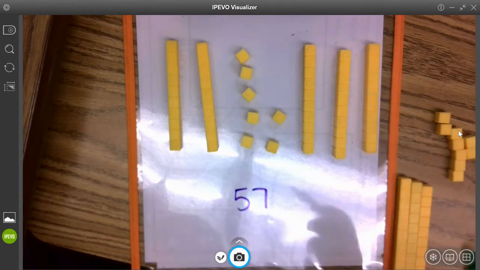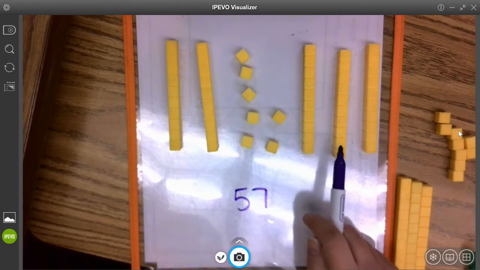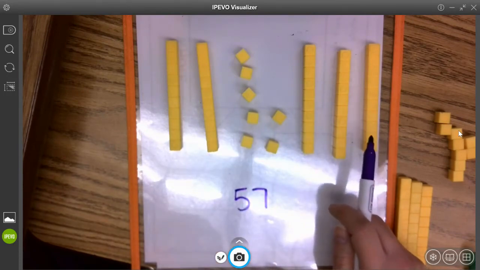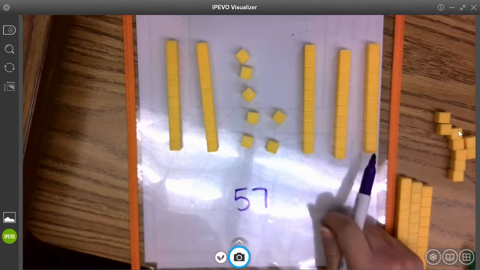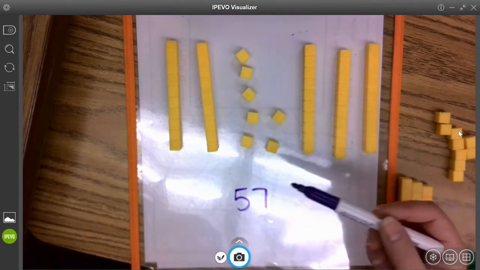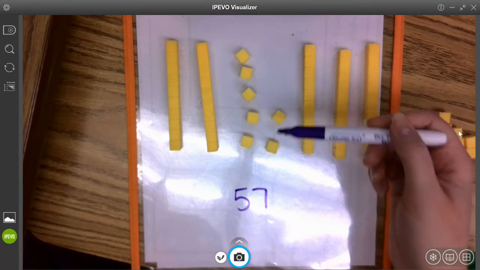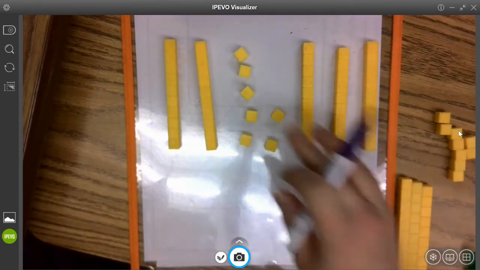No. Okay, so there's no groups of 10 to make. And then we look at our largest group first, which is our 10. So I see 1, 2, 3, 4, 5, or 10, 20, 30, 40, 50. Either way, I need to do all of the 10s, and then I can come back, do 51, 52, 53, 54, 55, 56, 57. Okay, so that is our 57.